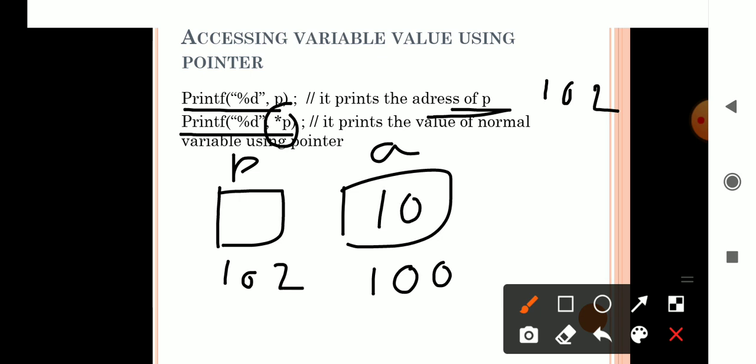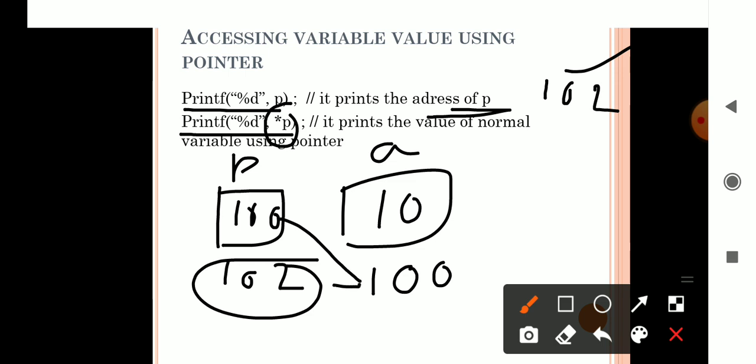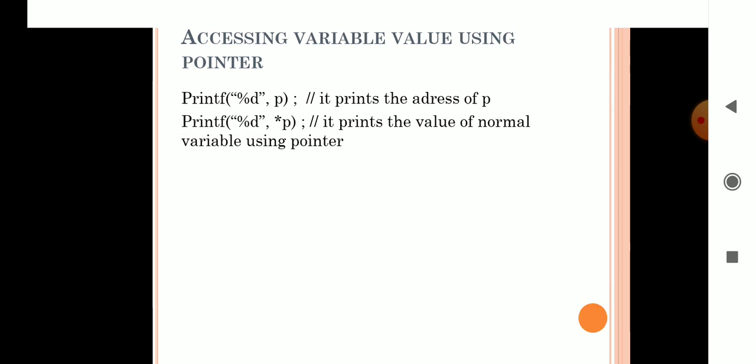A contains 10, P contains the address of A. So P means 102, so it prints 102. After that we print *p. *p means P is 100, *p means 10. So using star p we can access the value of the pointed object, so it prints 10. This is the concept of pointers.